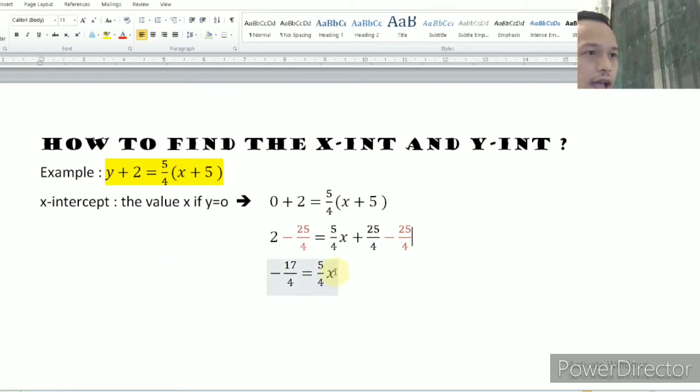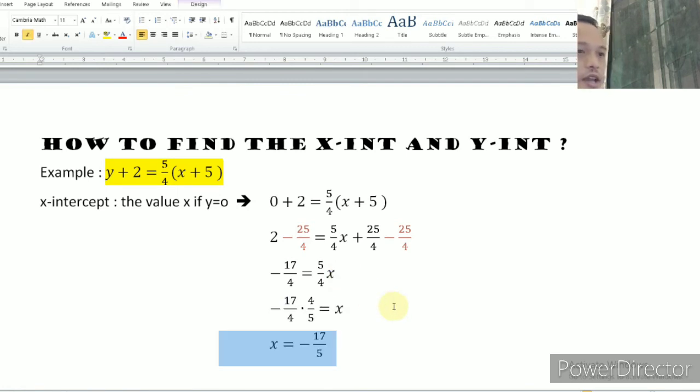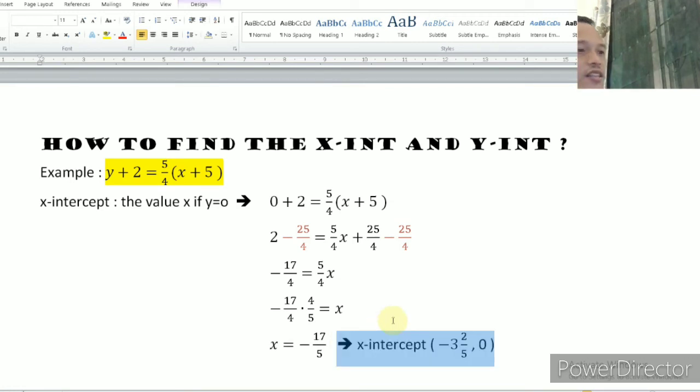Then I will multiply both sides by 4 over 5, and I will find the value of my x-intercept when y equals 0. So the x-intercept is negative 3.4, comma 0. Let's check.